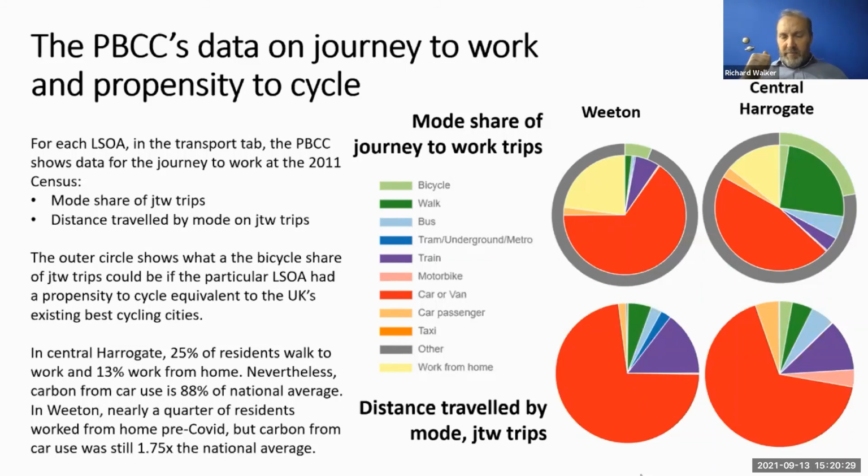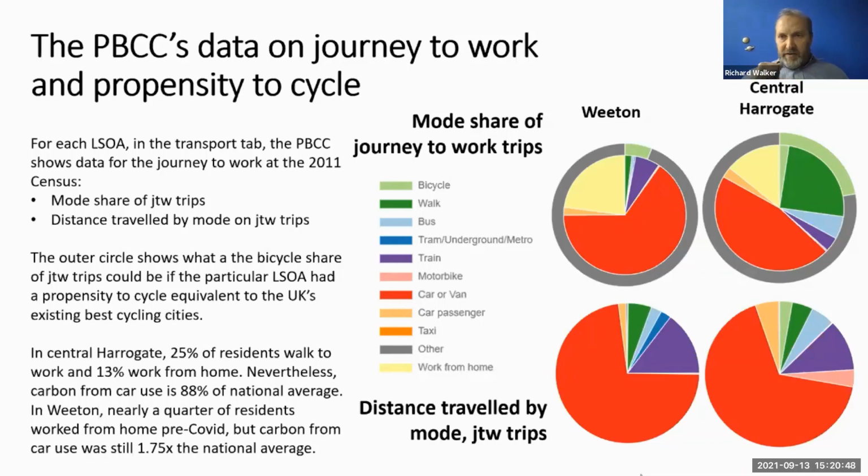What this shows is that even in an area such as central Harrogate, where a quarter of people walk to work, the majority of miles travelled in journeying to work are by car, and that's people who live in central Harrogate but work elsewhere. So that's what we've got to keep an eye on with respect to carbon footprint.